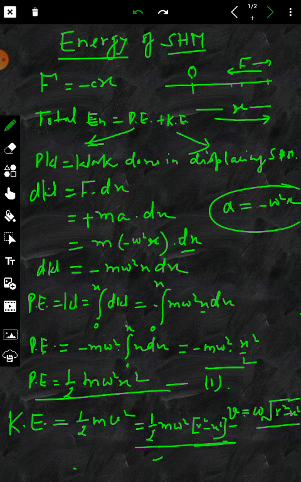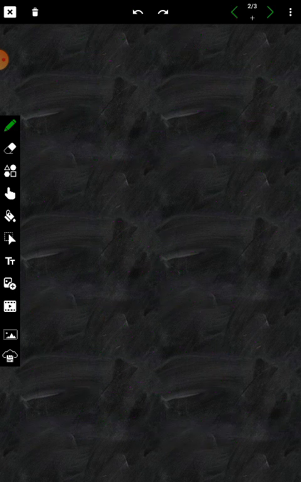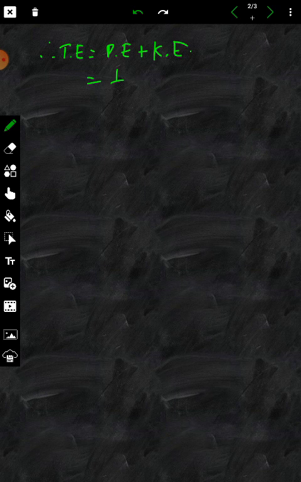Now we have to calculate the total energy. So we have to substitute the value of kinetic and potential energy in this equation. So therefore total energy becomes equal to potential energy plus kinetic energy, where potential energy is equal to half m omega square x square, and kinetic energy is half m omega square into r square minus x square.